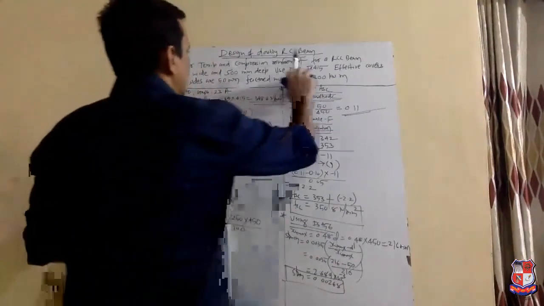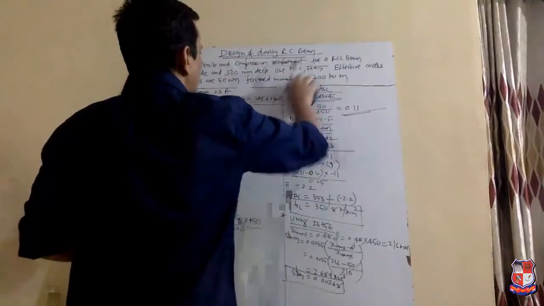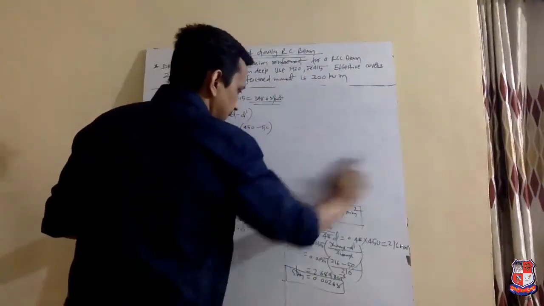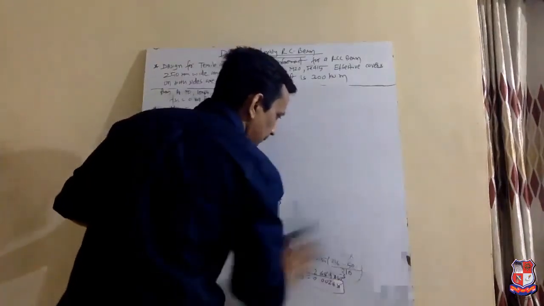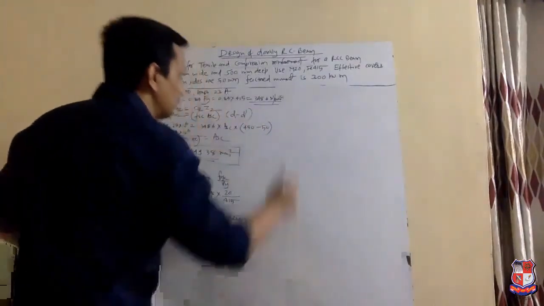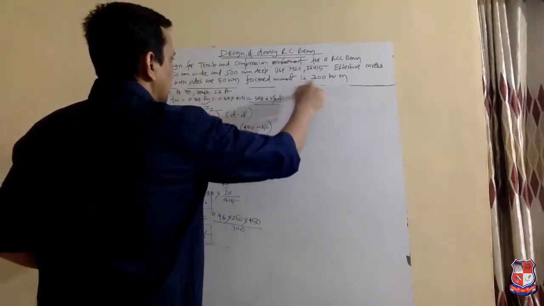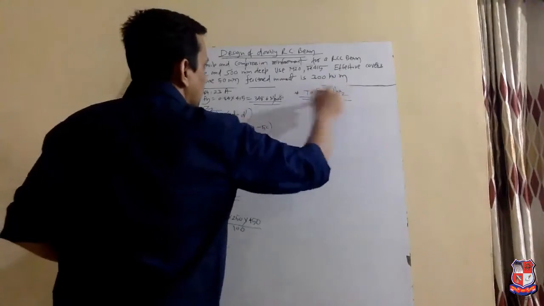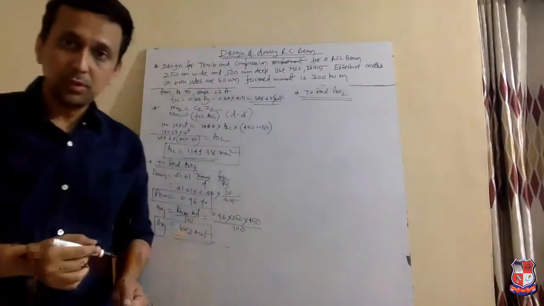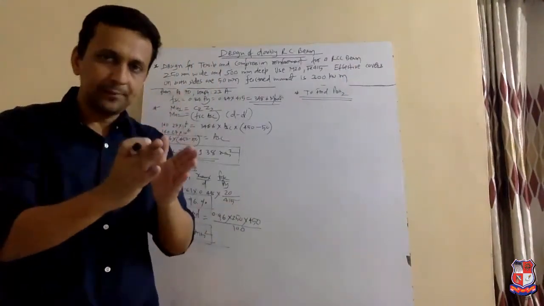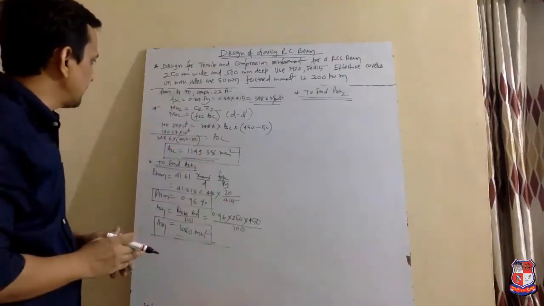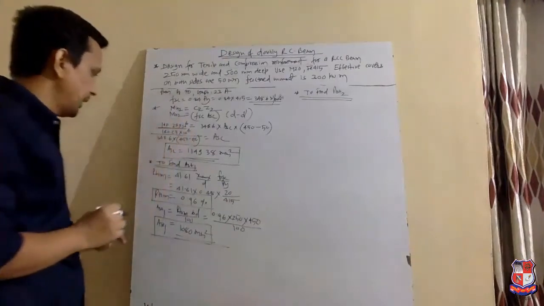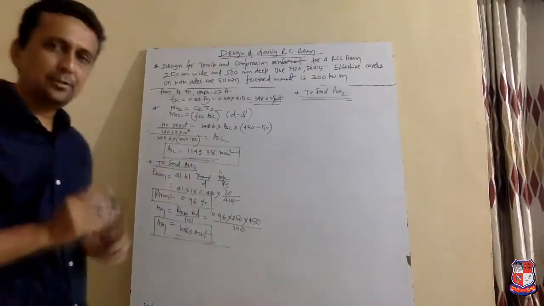Now, the next thing we need to find is AST2. What is AST2? It is for that auxiliary section, and for the auxiliary section, we are using the moment 160.27 kilonewton into meter.